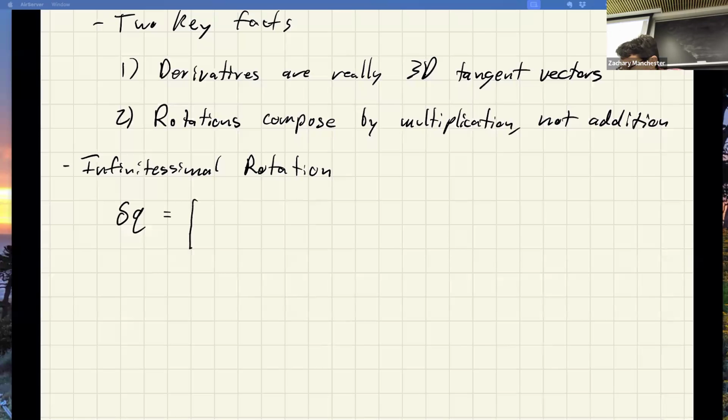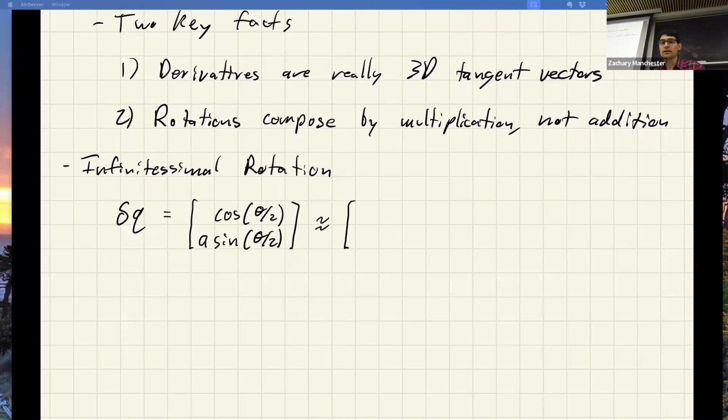And if I remember my definition in terms of axis and angle over here, this is what we had from last time. What I'm going to do now is just plug in a tiny theta. If I have a tiny theta, it doesn't matter what the axis is. What happens to the cosine in a small angle situation? One. What happens to the sine? It's approximately theta. And in this case, there's a 2 in there, so it's a 1/2.